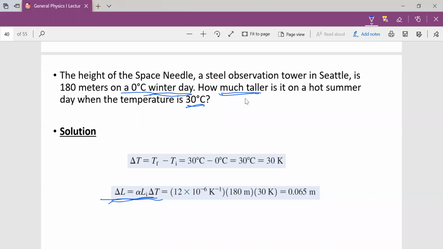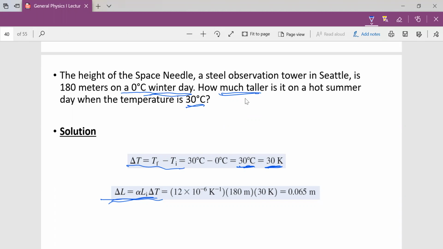So the change in temperature here, applying the formula T final minus T initial, is going to be T final, which is 30 minus 0, which gives us 30°C. And if we apply that standard knowledge that the change in scale of the Celsius and Kelvin is the same, it means this is also 30 Kelvin.